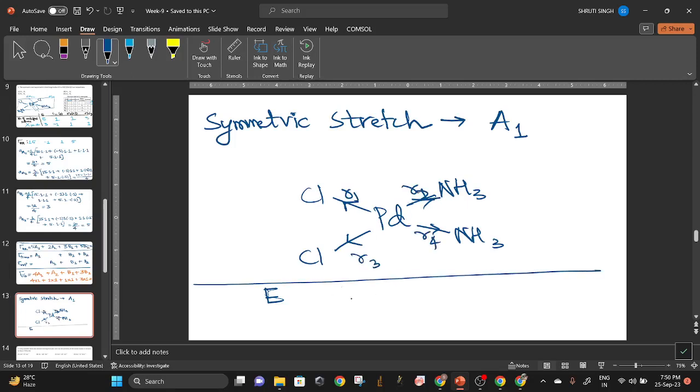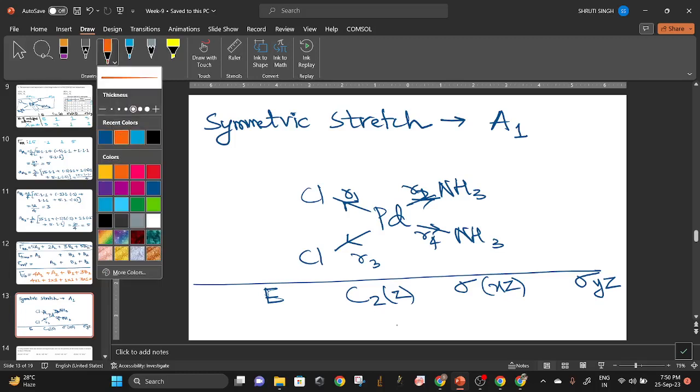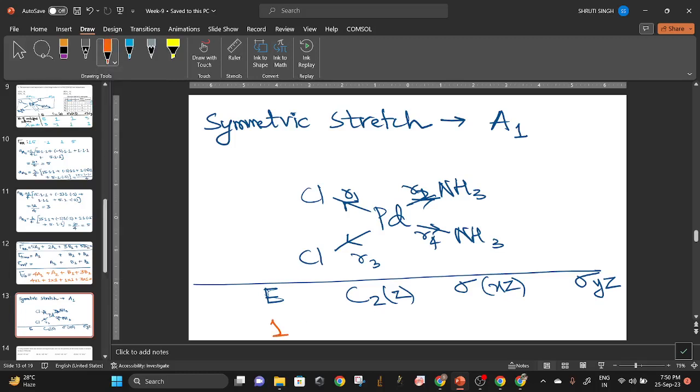So we will get characters E, C2(z), sigma(xz), sigma(yz). Under E it will be 1 always, right? Now C2(z).